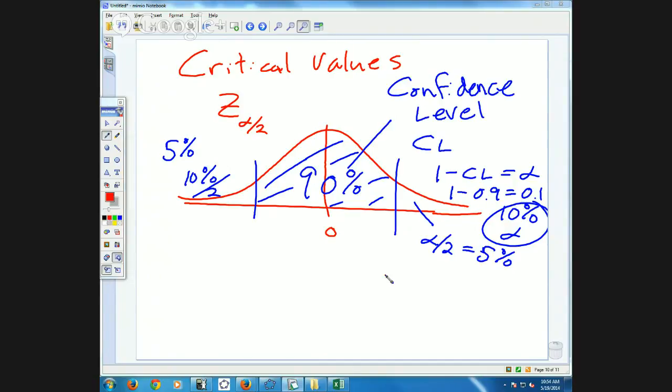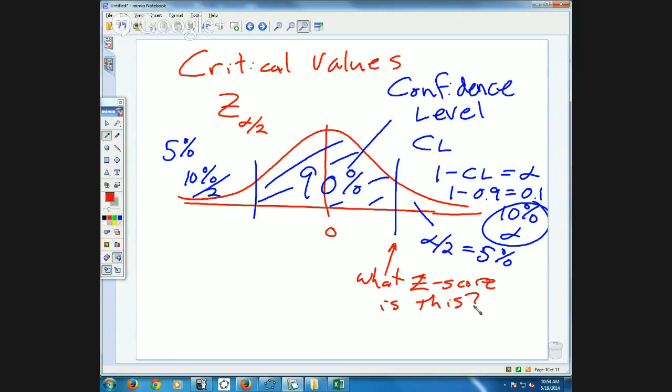Now, I want to know what z-score is this. Which tool on the calculator do I use to figure out z-scores given a percentage? Inverse normal. Yeah, I need to do an inverse normal. Now, how does the inverse normal work? Does it work on intervals, left tails, or right tails?